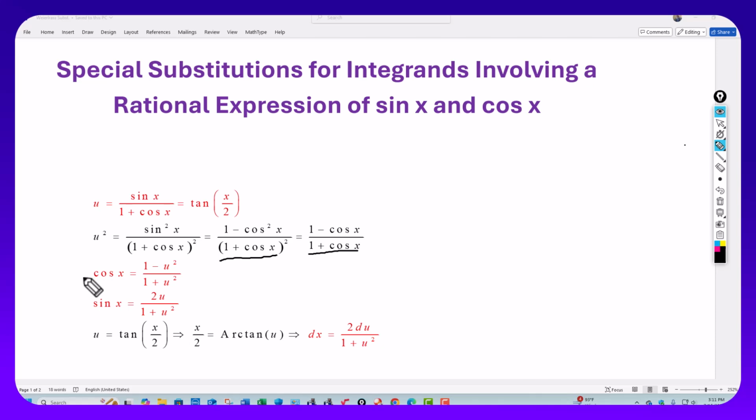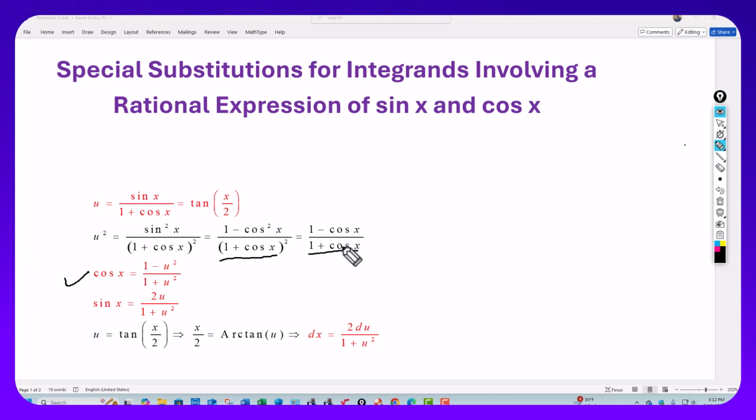And then we need a representation for cosine and sine, because those are the functions we're talking about for these substitutions. So to get cosine of x equal to what I have right there, all we did was take the equation 1 minus cosine of x over 1 plus cosine of x equal to u squared, and we solved for cosine.